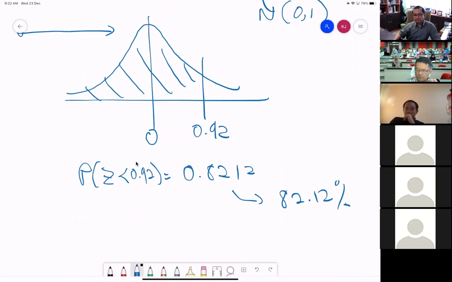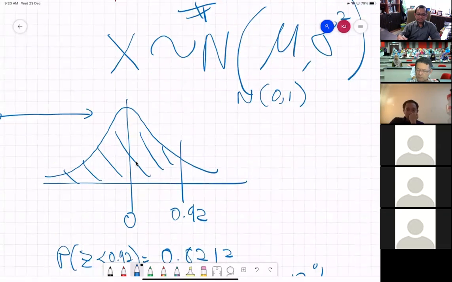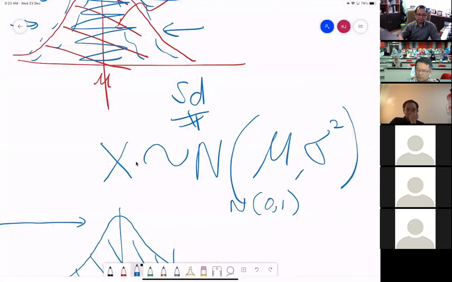So what is the probability it is more than 0.92? It is 1 minus 0.8212. Why 1 minus? Because the total area is equal to 1.